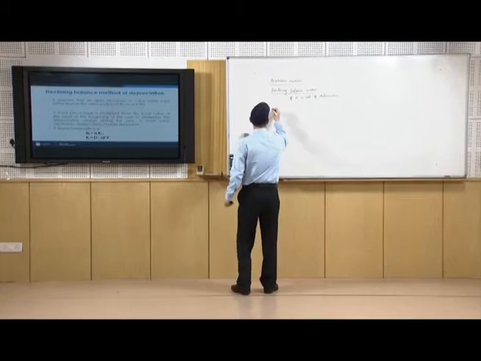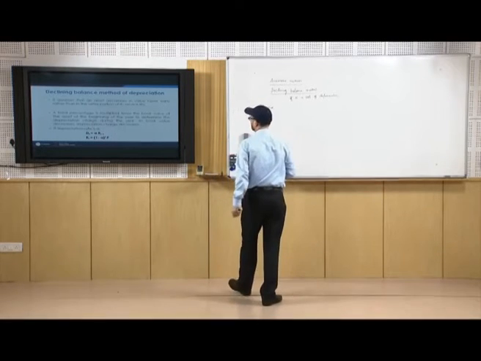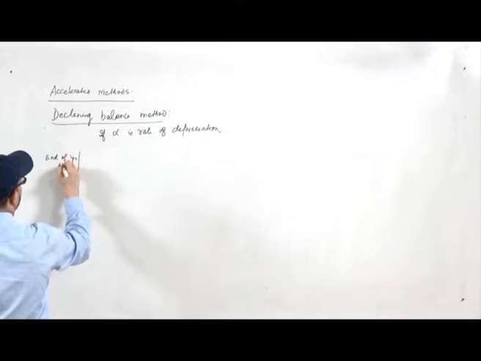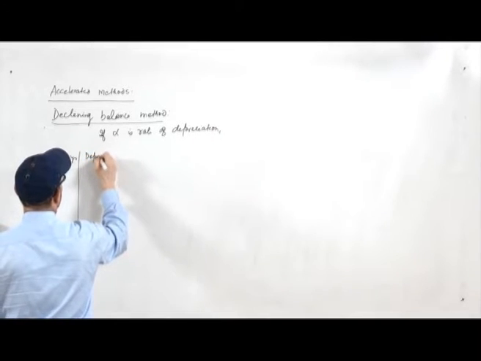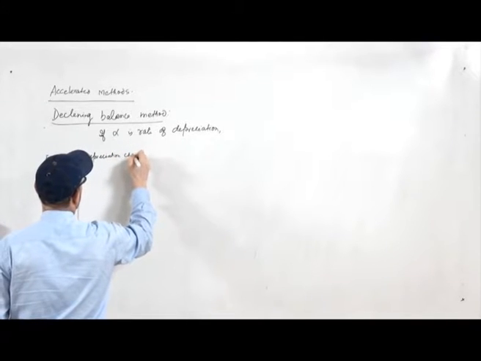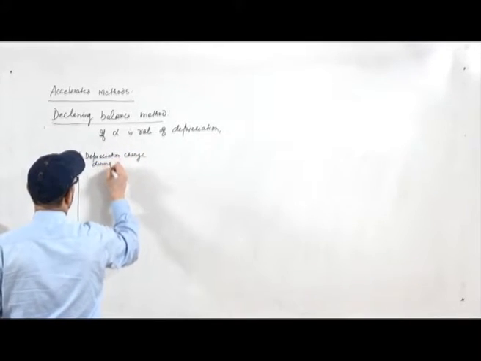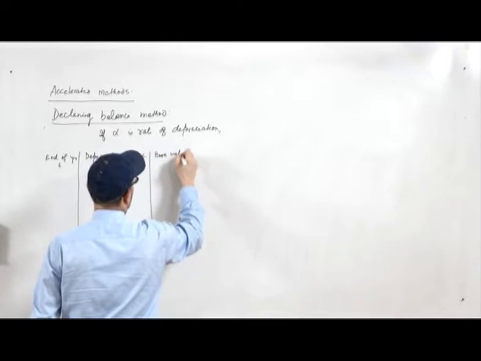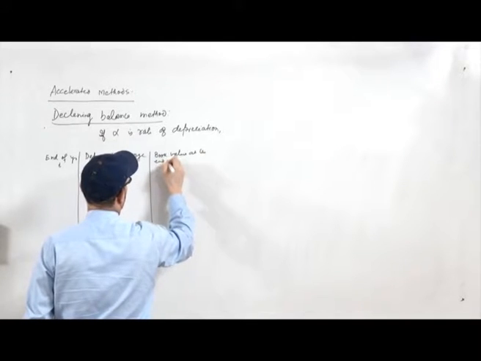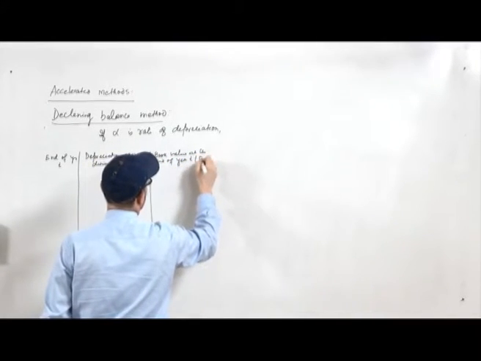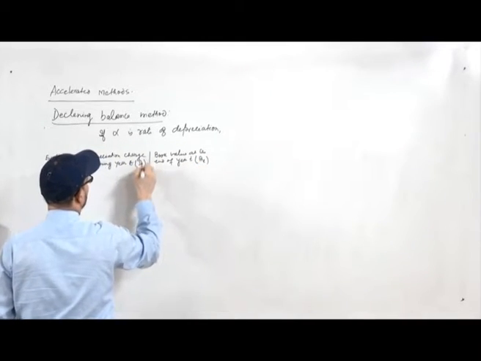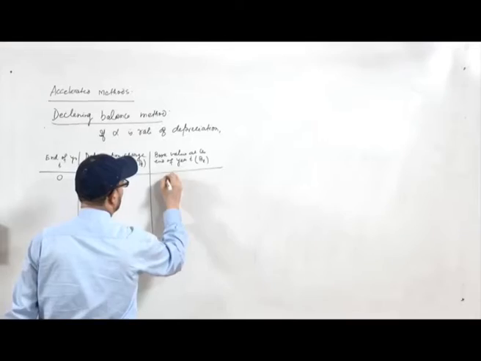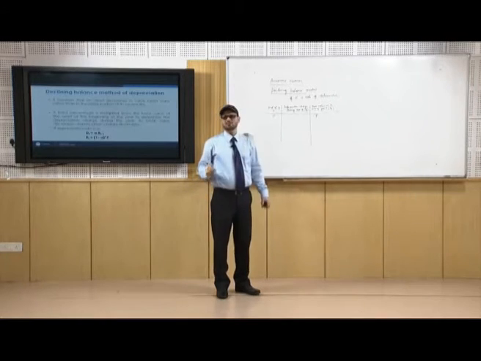Let us find the value of depreciation and the book value in the form of a table: end of year T, depreciation charge during year T, and book value at the end of year T, known as DT and BT. In year 0, the value is P, the first cost of the asset.